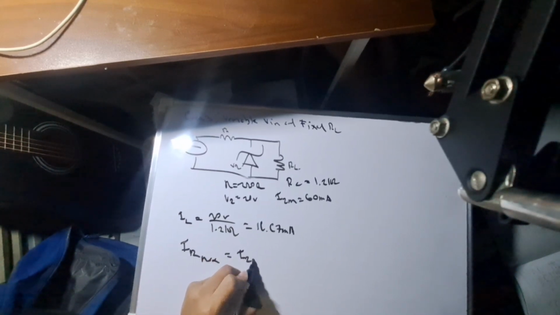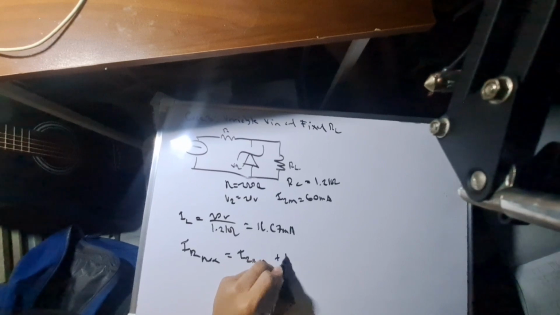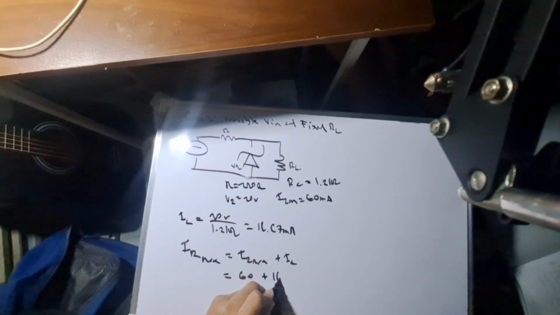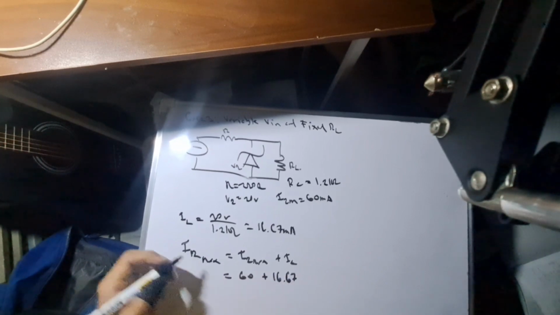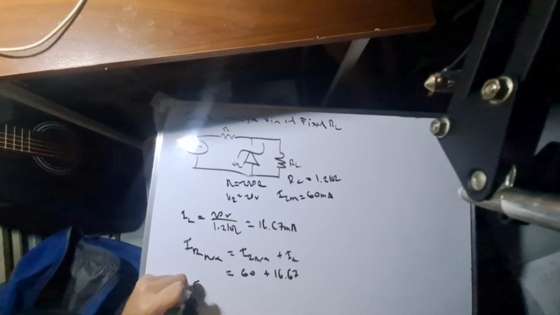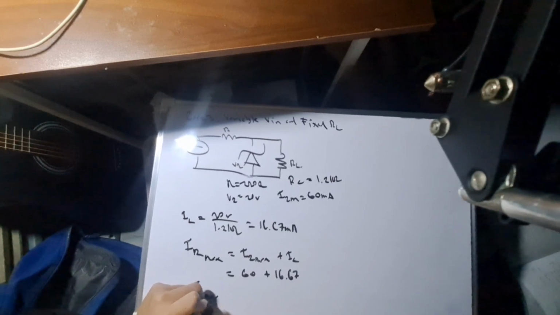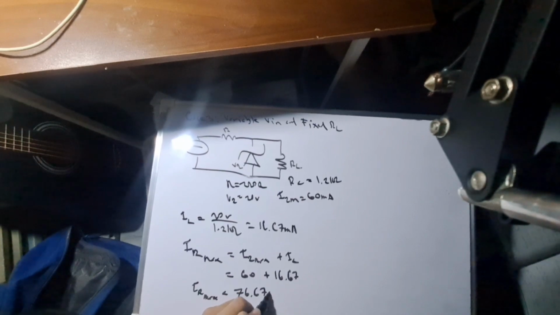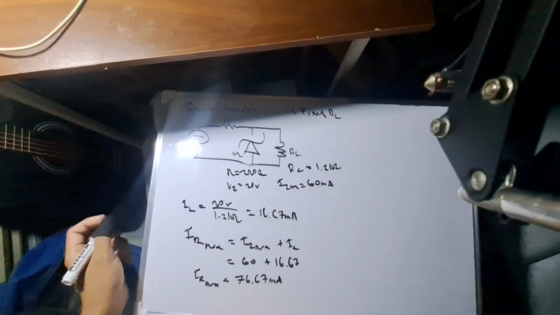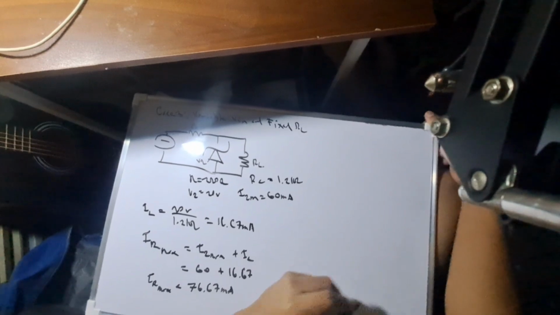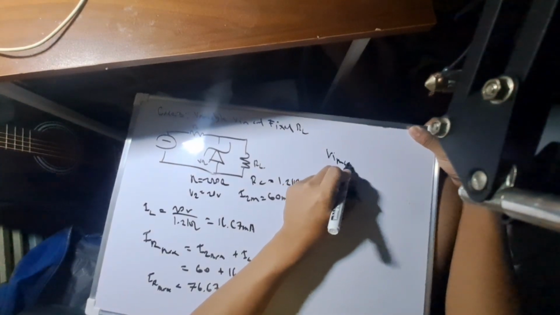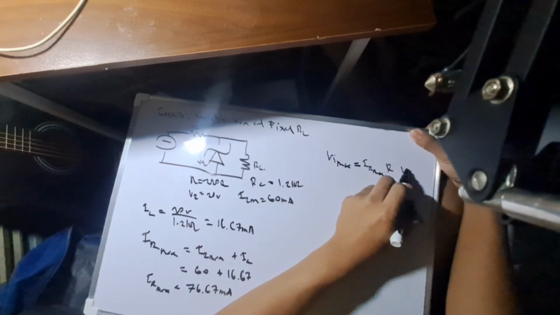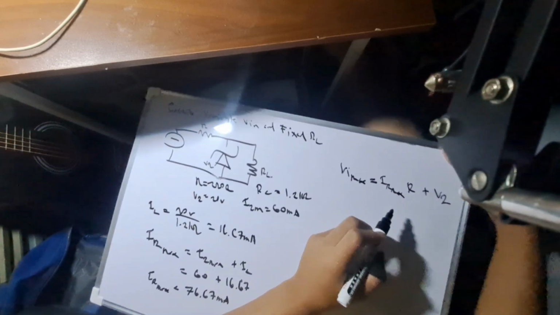IZ max plus IL. So, we have 60 plus 16.67. Therefore, ang IR max natin is equals to 76.67 milliamperes. So, if that's the case, kunin natin VI max. VI max equals to IR max times R plus VZ.